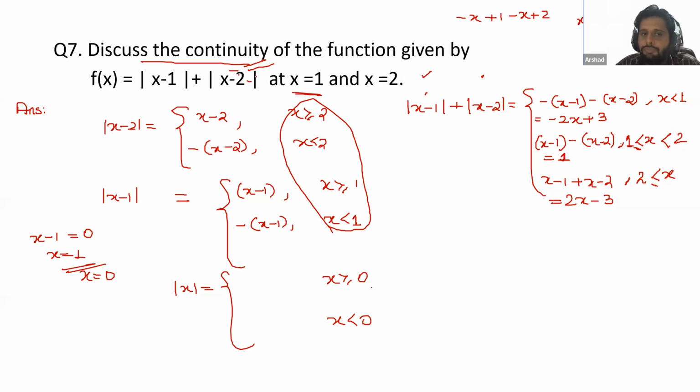So we take a reference 2 also at this point. So x should be greater than or equal to 1 but less than 2. First will be positive, second negative, and for the third one we have taken x greater than or equal to 2. Is it clear, Nabil?